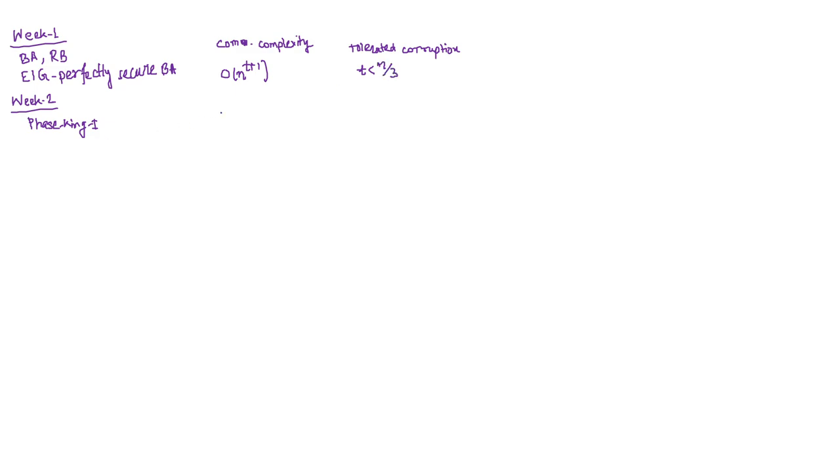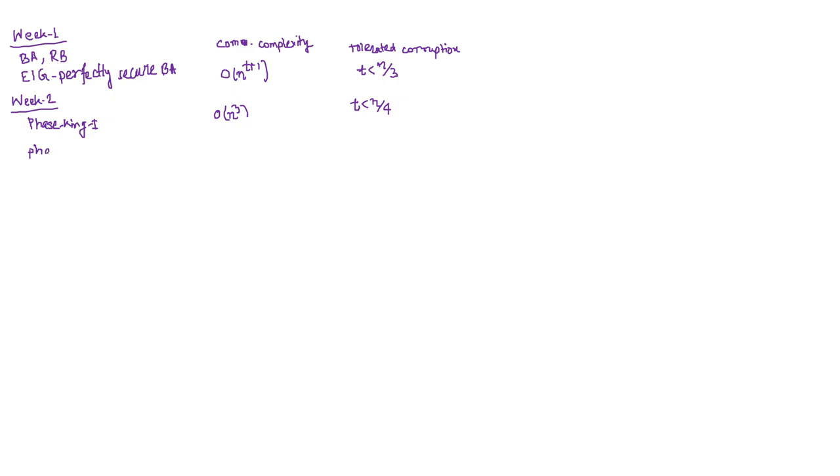In case of Phase-King 1 protocol, we improved over the communication complexity, which was almost order of n cube, whereas the tolerated corruption was lesser, so it had to be t less than n by 4.